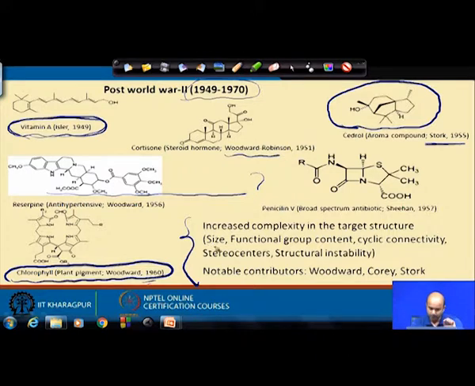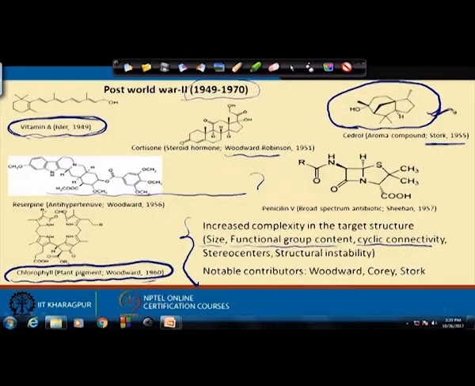These molecules listed in this slide are large in size, their functional groups are quite big, and they have some cyclic connectivity, meaning the rings are quite complex, like for Cedrol, and some molecules have stereocenters, meaning the asymmetric synthesis part comes into the picture.